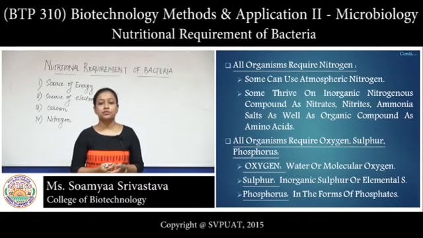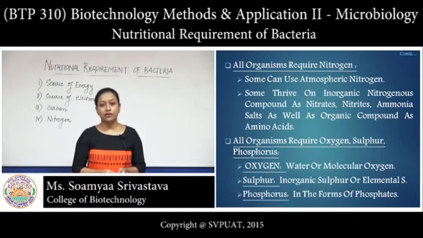Some organisms consume nitrogen directly from the environment, whereas there are a lot of different organisms which require nitrogen from inorganic compounds like nitrates, nitrites, ammonia, etc. And there are a lot of organisms which take their nitrogen from organic compounds like amino acids.